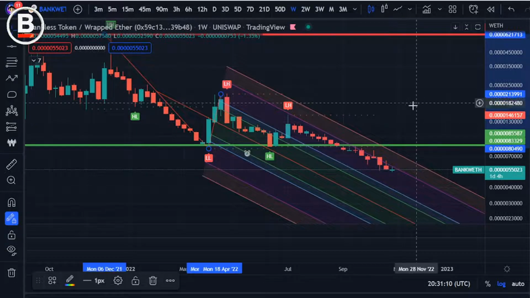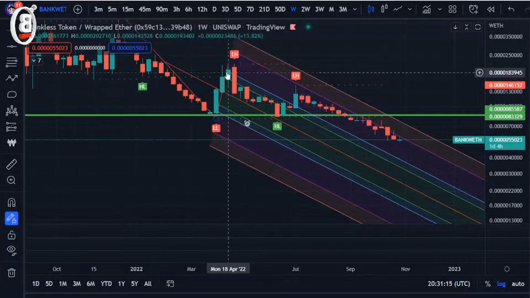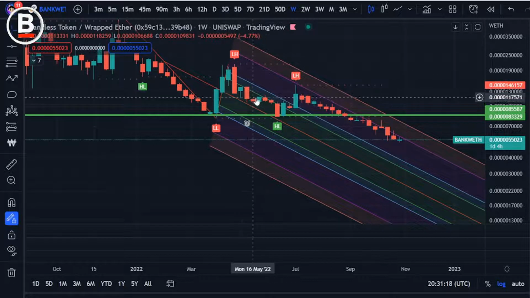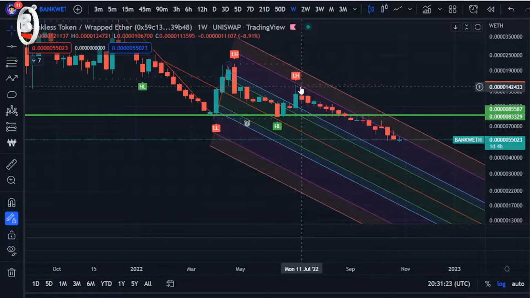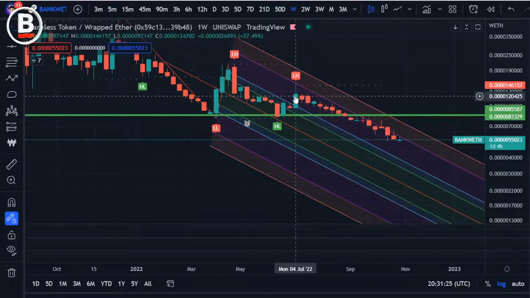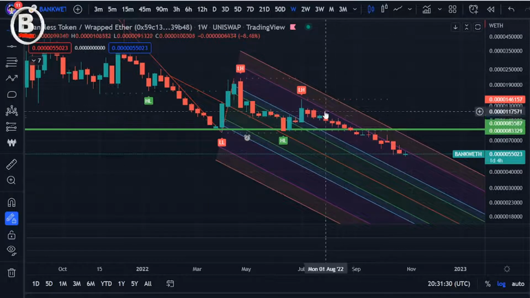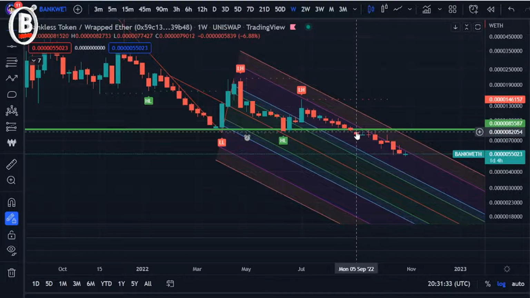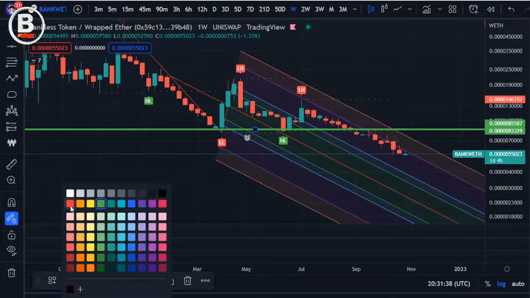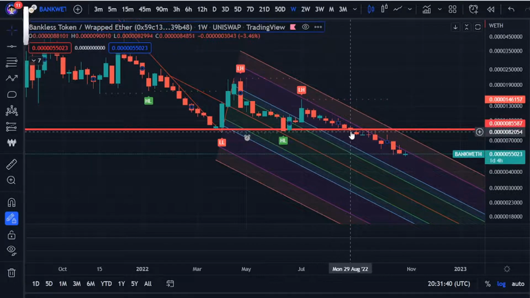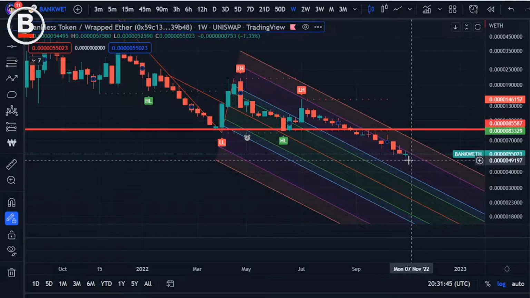And again, the modified Schiff, what does it show? It looks at this and says, well, we were in this middle zone and we came up out of it. As long as we stay in this channel, it's like sideways. Even though we broke support, and this support is now resistance, we're still in this channel.